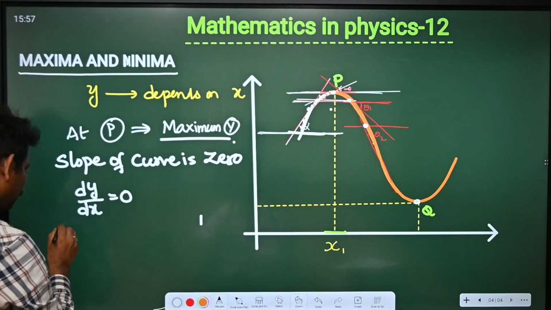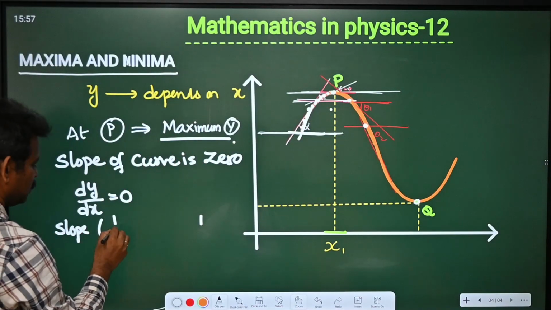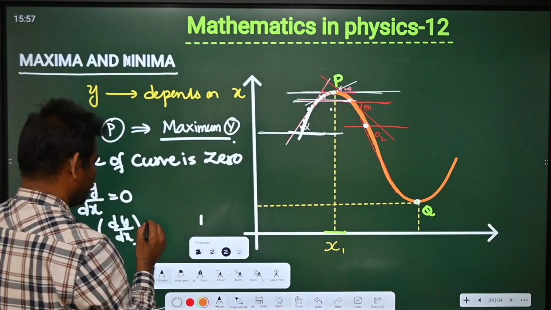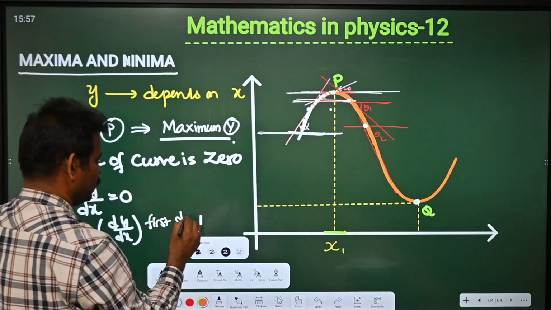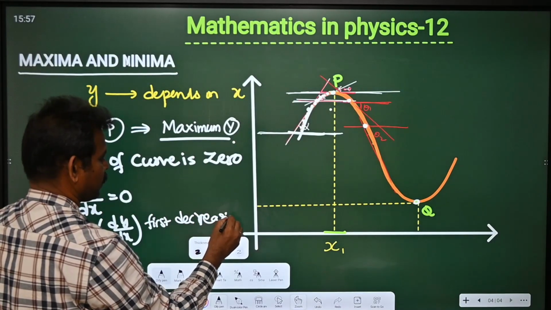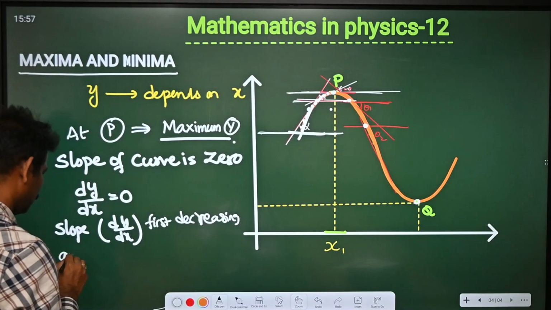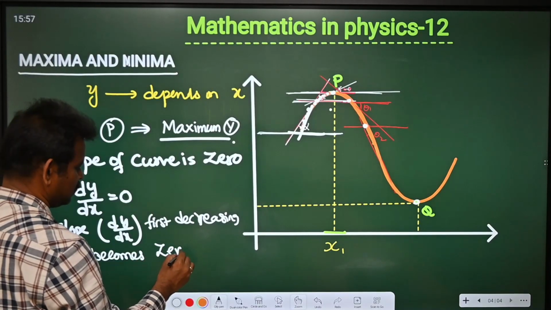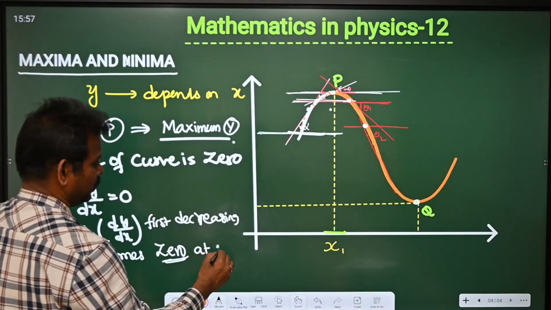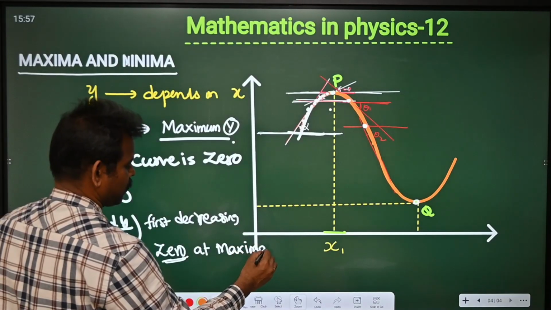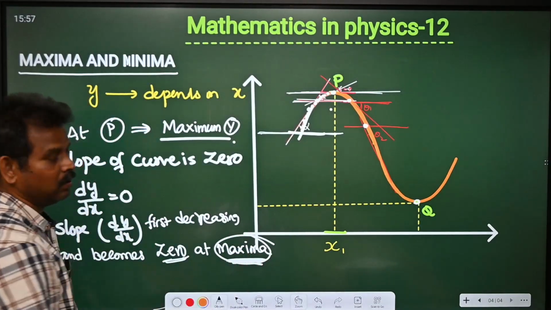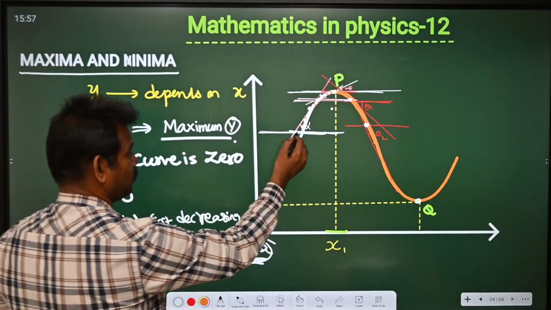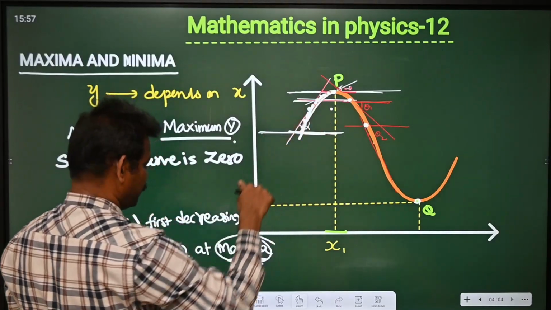So slope, that is dy by dx, first decreasing and becomes 0 at maxima. At maxima, slope of this curve will be 0. So from here to here, first left of this maxima, slope is decreasing.